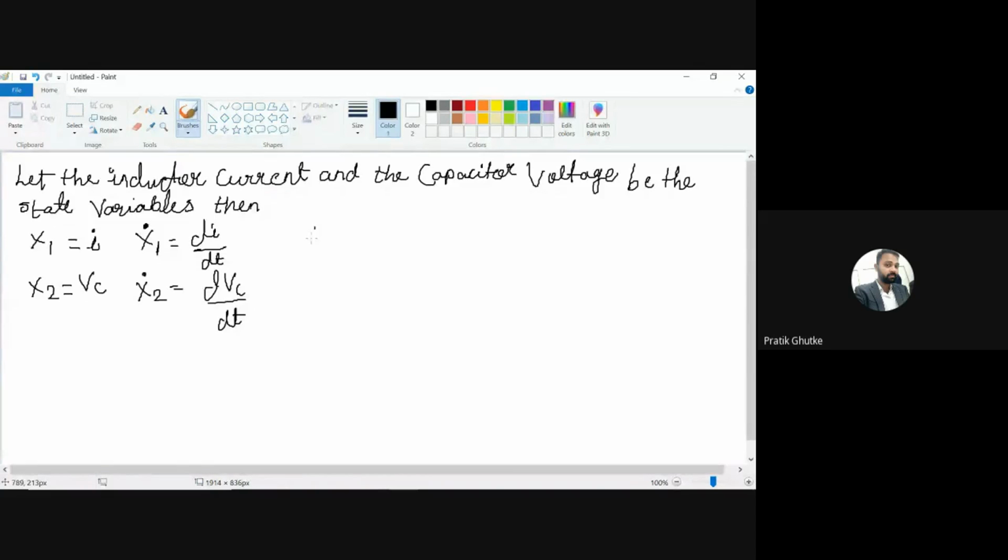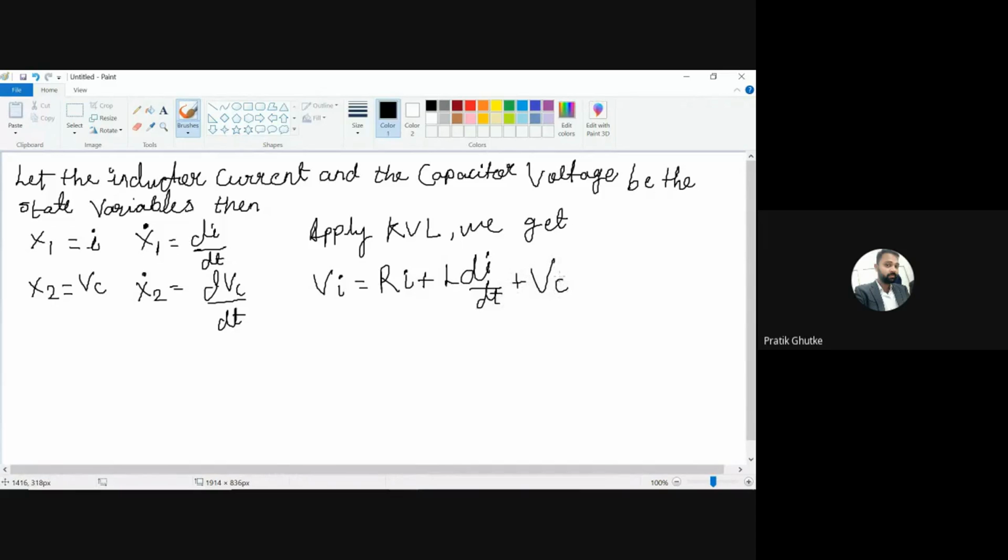Vi equals to, there was a resistance, so Ri, plus there was an inductor, L di by dt, and then the capacitor voltage Vc. Like this I will be getting after applying KVL on that loop.